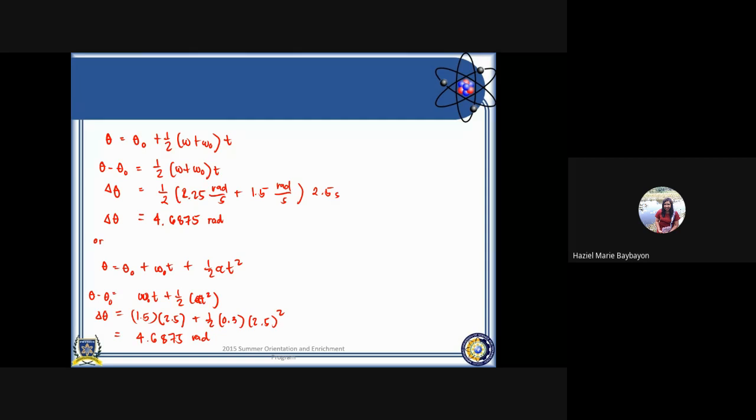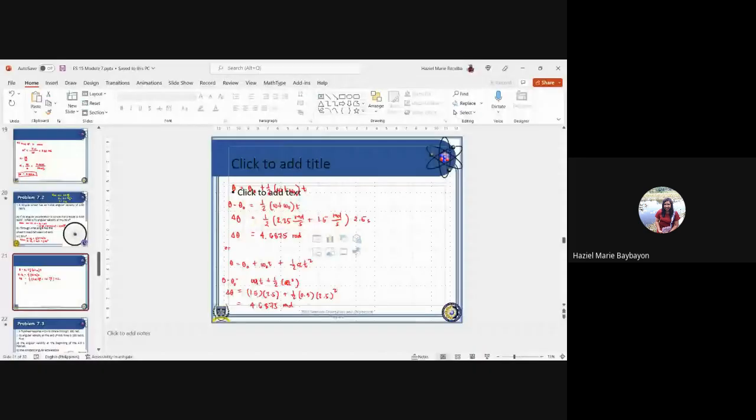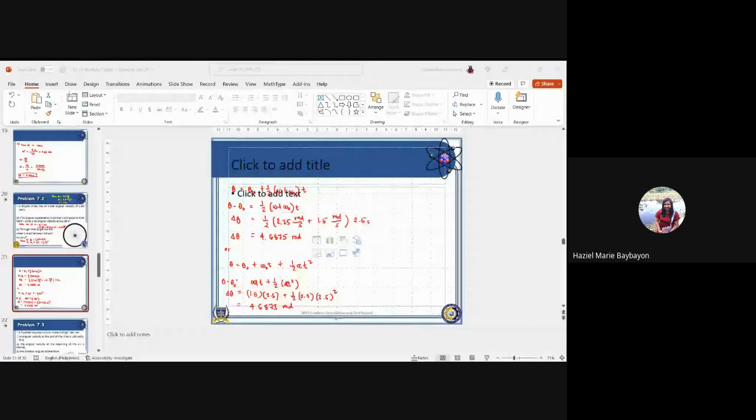So different equations will arrive at the same answer. Pareha ra ba, class? Yes, ma'am, parehas. Okay. So let us continue with the next problem.